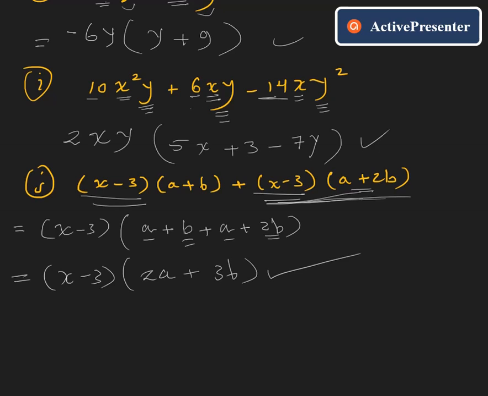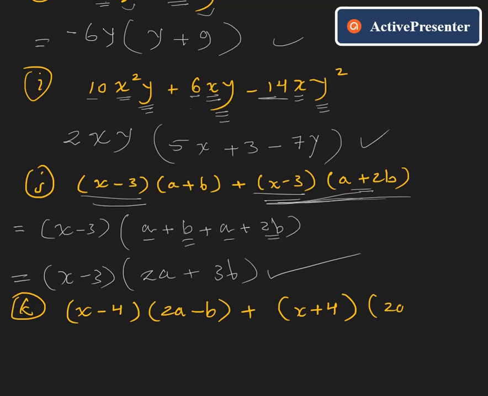Another question, if it comes to you, x minus 4 multiplied in 2a minus b plus x plus 4 multiplied in 2a minus b. So what is the greatest that can divide them all? We can say this is the greatest that can divide them all. So take it aside.